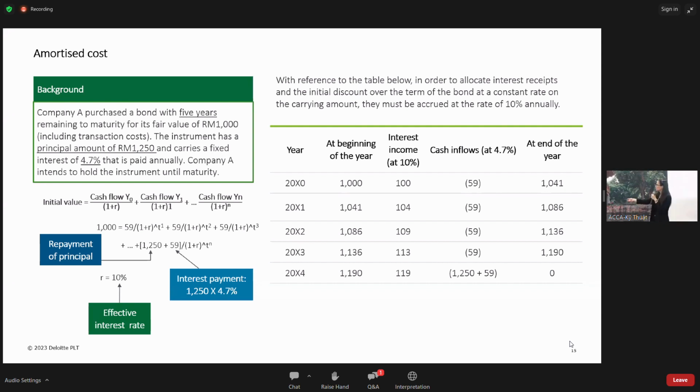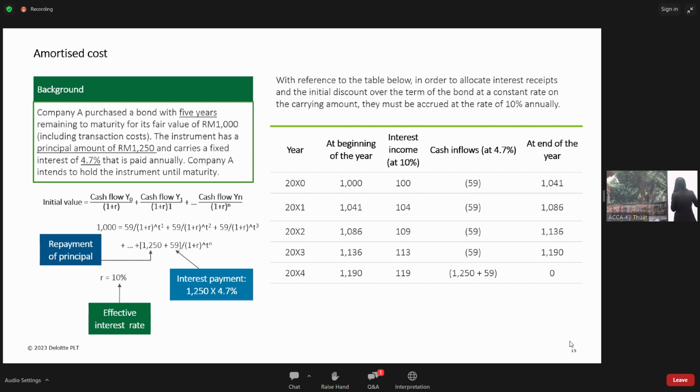So the contractual rate of 4.7% is not necessarily the EIR. Okay, so effective interest rate, EIR. If I were to compute it for this, it is actually 10%, not 4.7%. Now the 4.7% will only tell you how much cash I need to pay.